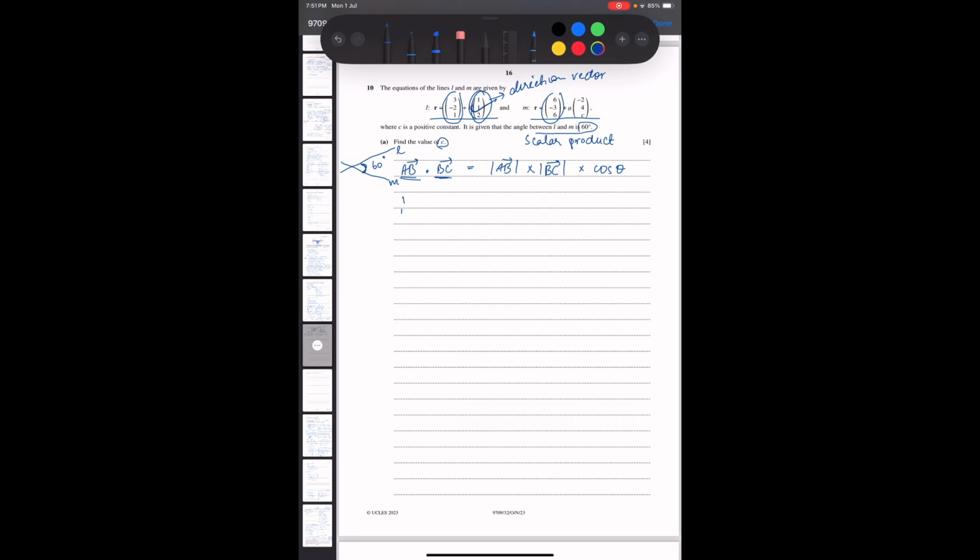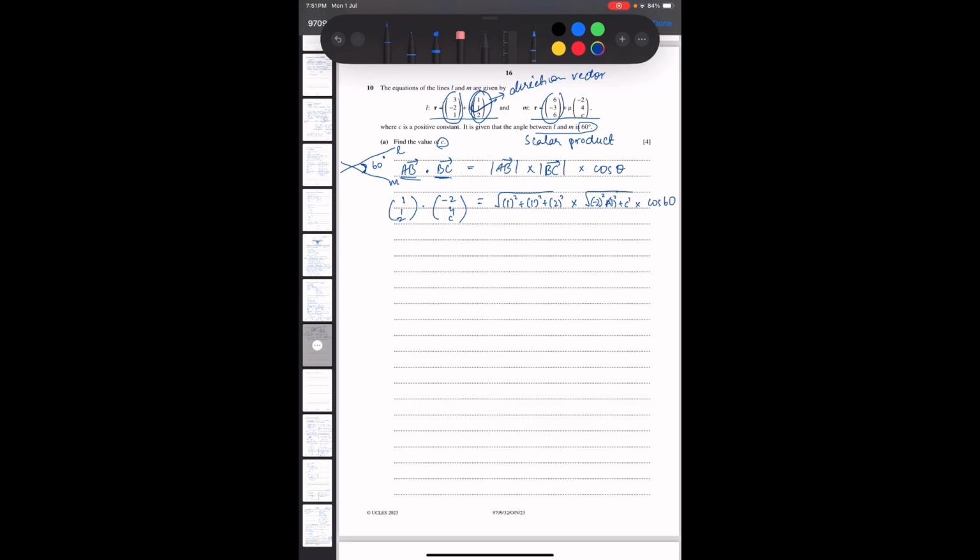So I'll say that (1, 1, 2) dot (-2, 4, c) is equal to, when we find the magnitude, we basically square each number and add them. So root of 1 squared plus 1 squared plus 2 squared, multiplied by root of -2 squared plus 4 squared plus c squared, into cos 60.